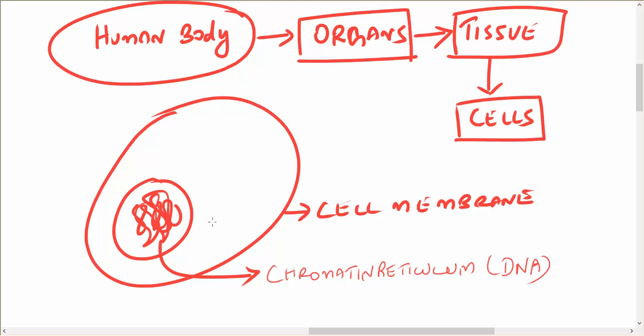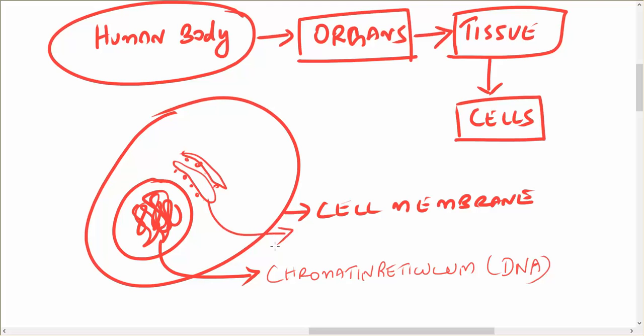And the nucleus also has a nuclear membrane. Then we have a tubular structure which contains ribosomes.